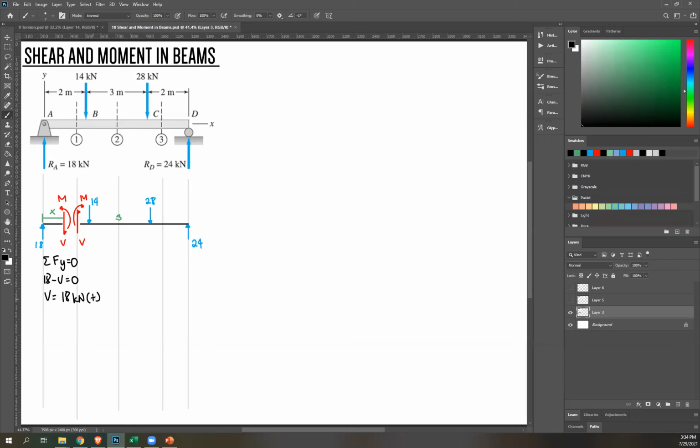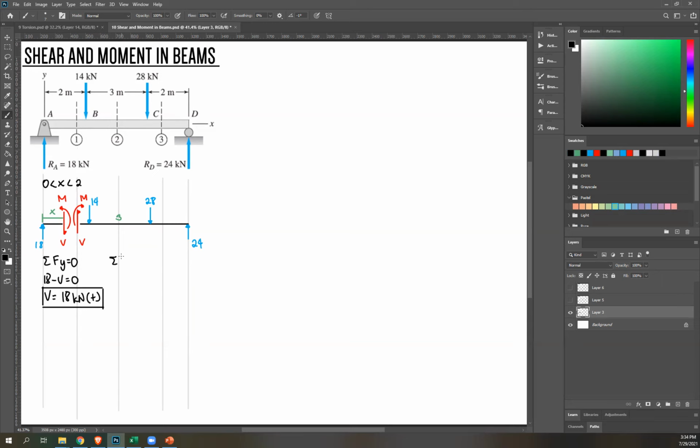Okay? And then let's do the same for moment. So this is the first equation. Now take note, this equation is only true if our x is within 0 and 2. So within this range, 0 to 2. So let's write that: this is for x greater than 0 but less than 2.